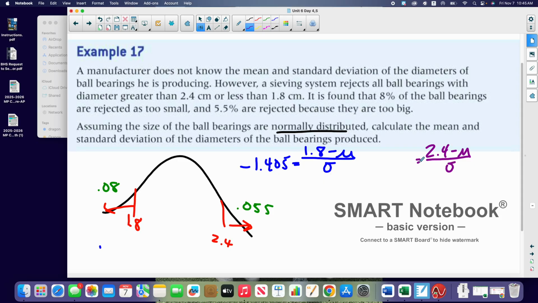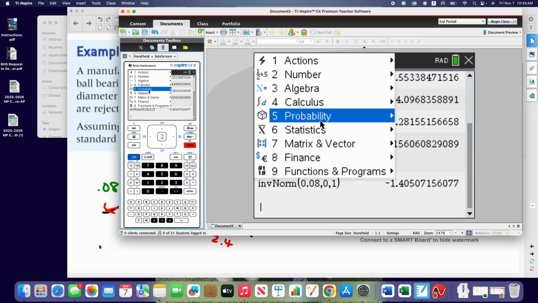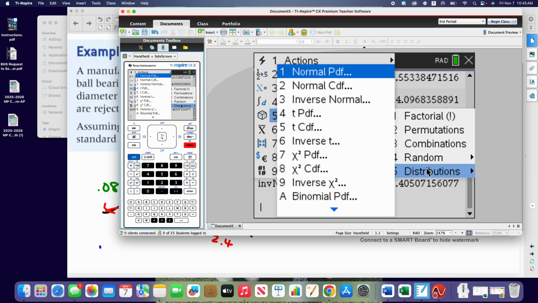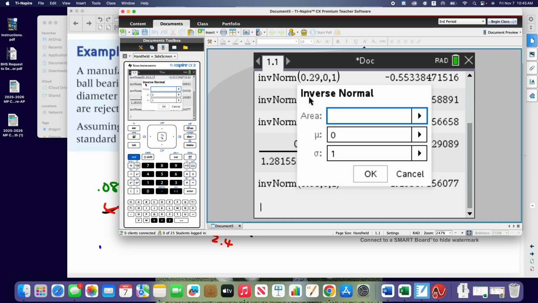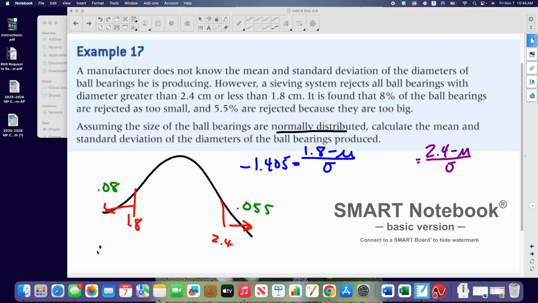So I'm going to go to my menu, probability or statistics, distribution, inverse normal. Now, I'm going to use 1 minus 0.055. You could already subtract it and put 0.945 in there, or you can just do it like this. Sometimes I just want to be lazy and do it that way. So my z-score on the other side is 1.598.